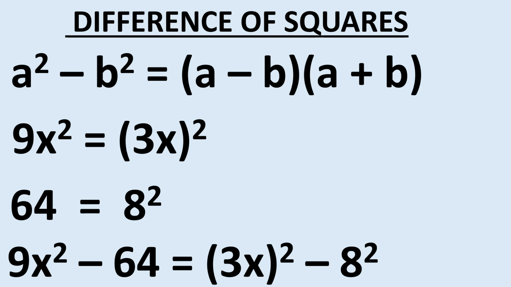In this case, what we will have is 3x minus 8 in brackets, and then 3x plus 8 in brackets. We will have 3x minus 8 into 3x plus 8. Let's see how it goes.